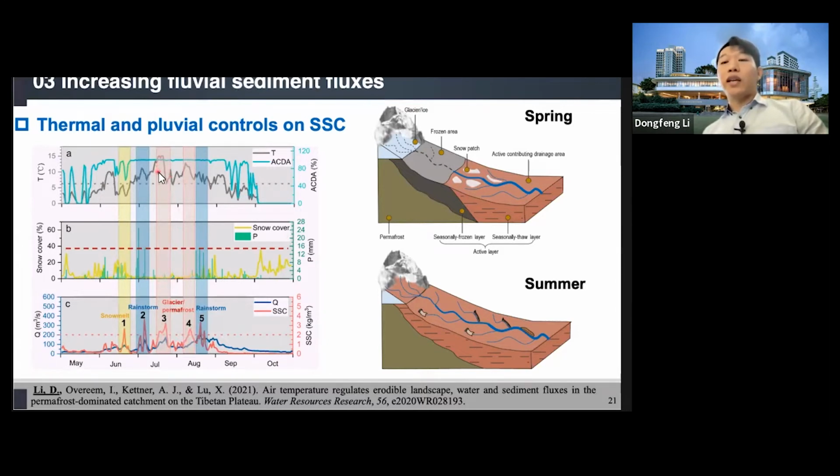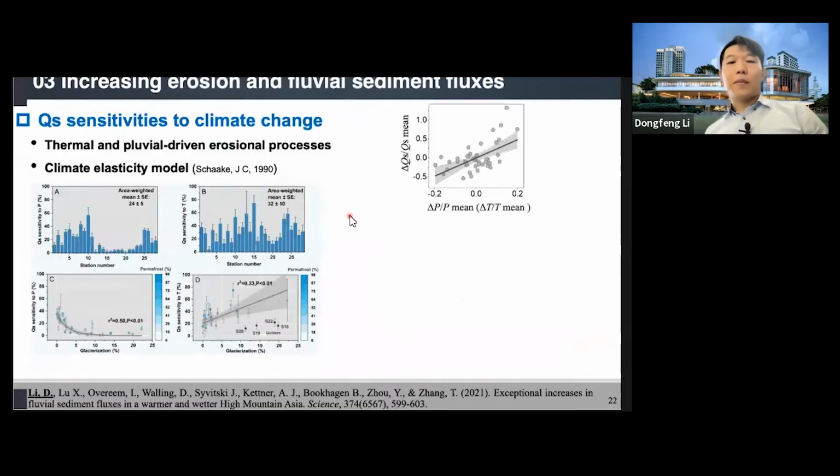There's a gray line here, which means that the temperature increase can result in glacier melt and also permafrost ground ice melt. They can contribute water and sediment. So here I want to say that in the cold mountainous environment, in addition to precipitation, temperature is also a very important control of the hydrological and geomorphic processes.